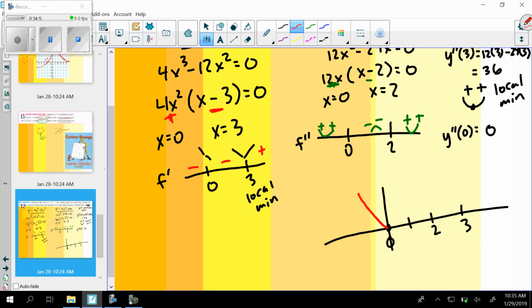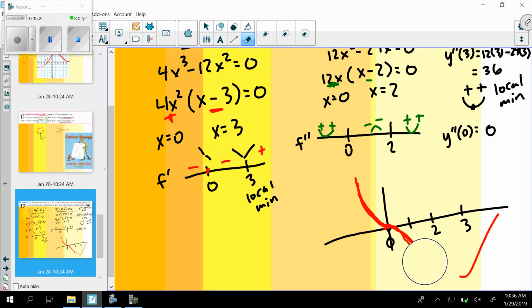It levels out at 0 because we do have a critical point there, but then it keeps decreasing until we hit 3, and then it's increasing. Now let's adjust this with our slope here, or our curvature. From negative infinity to 0, it's concave up. So we want to make sure this is concave up here. When we hit 0, though, now from 0 to 2, it's concave down.